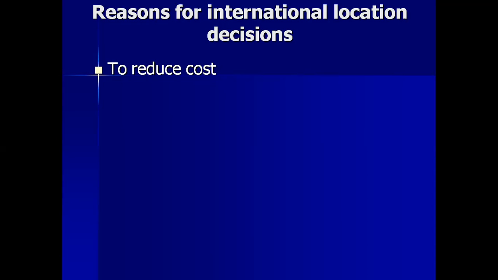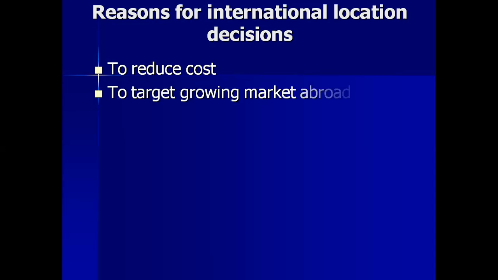That is why developed countries actually want to open their businesses or set up their factories in developing countries, because they know that cost is quite low over there as well. Then, to target growing markets abroad, yes, if you think that in another country there are lots of potential customers and they are growing in number, you plan to go over there. Why?